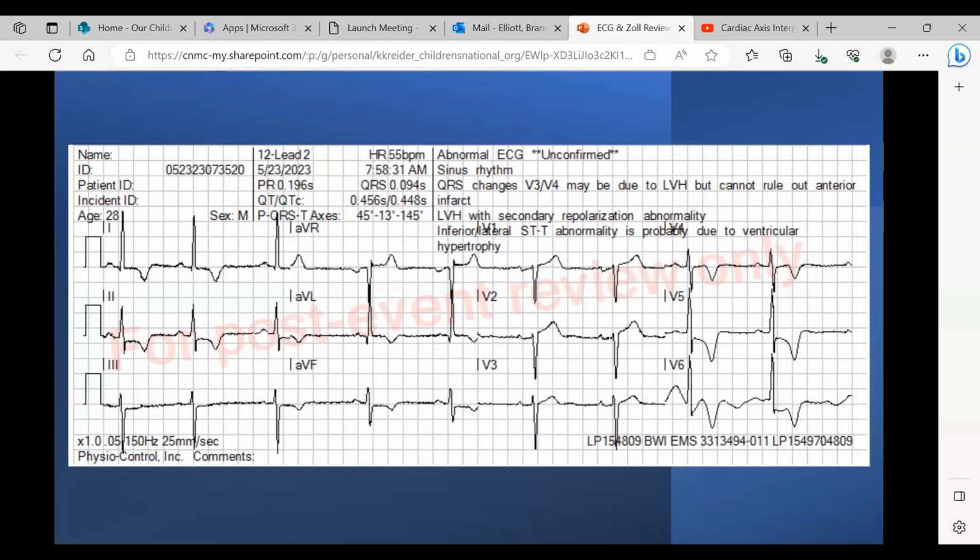So if you have a right bundle branch block, which gives you a wide QRS and an upward deflection in V1, plus your axis is either right or pathological left, then you also have a blockage of one of the two in the left. That plus the right is a bifascicular block.